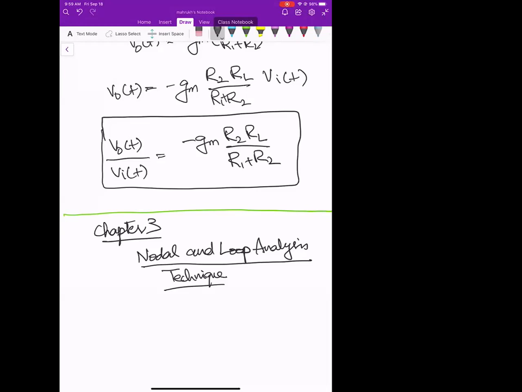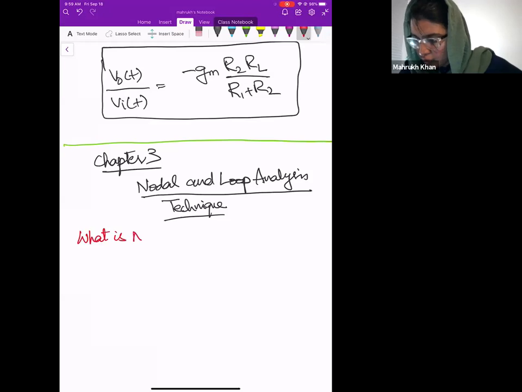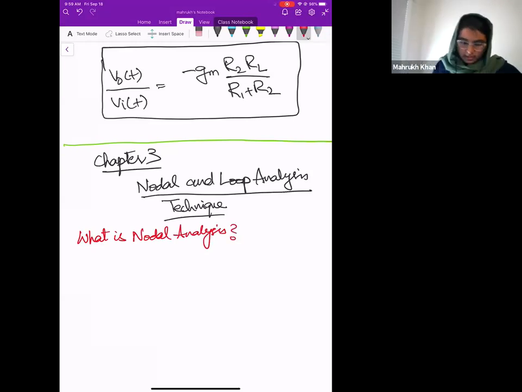Currently studying it. Okay. We will use this maybe here, not too much in detail, but a little bit of that information. So what is nodal analysis?